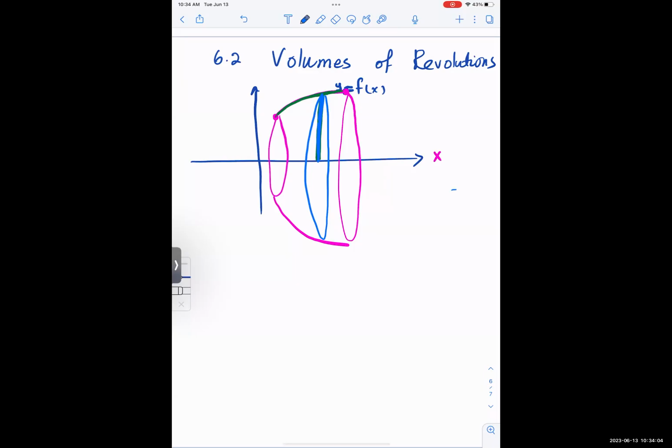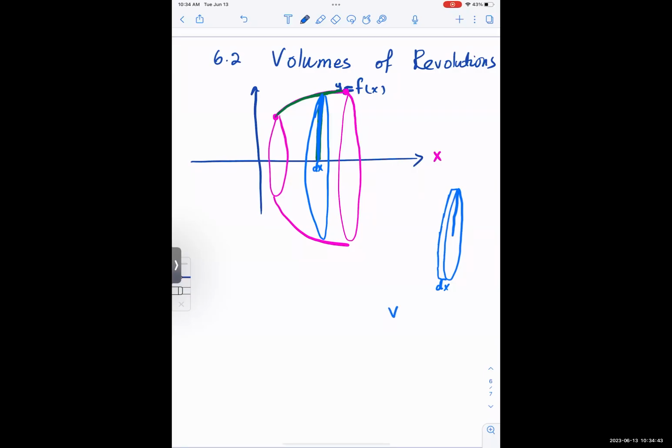When I'm revolving, do you agree that I will have a very, very tiny cylinder? So that's going to be the thickness of the cylinder. As it's rotating, it's going to be a very, very small height cylinder. The height of the cylinder in this case, since I'm revolving around the x-axis, is going to be dx. Do you see that? Then I need to decide what is the volume of the cylinder.